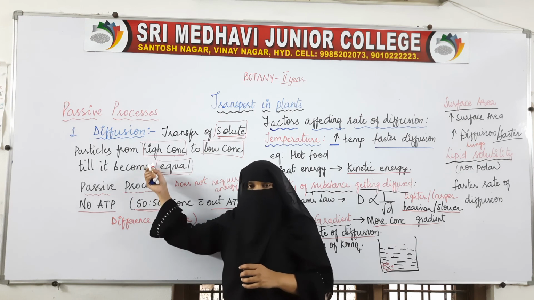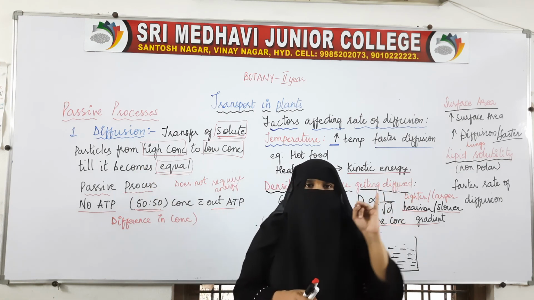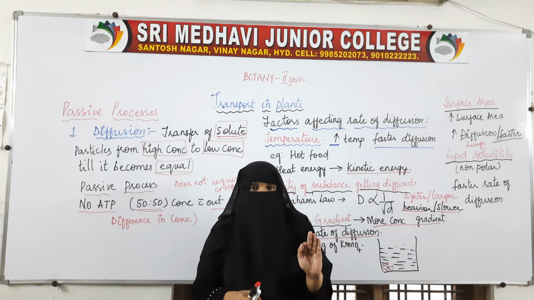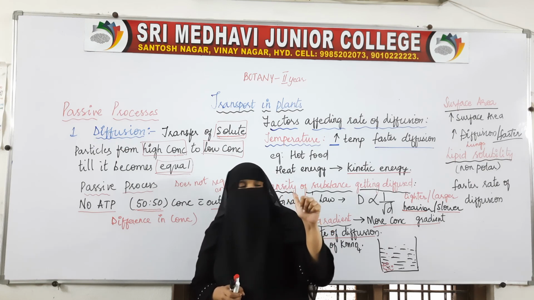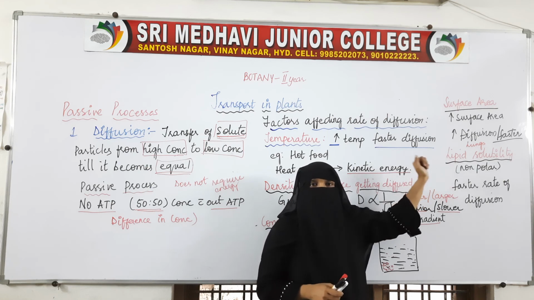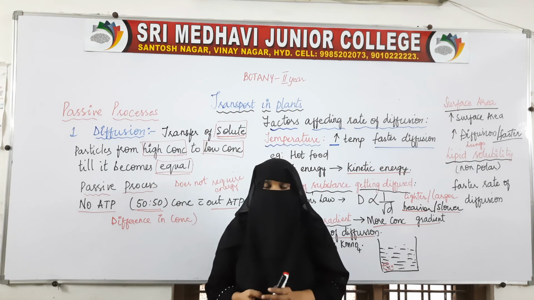This diffusion depends on temperature, density of the substance, concentration gradient, surface area, and lastly lipid solubility. These are the 5 factors on which the rate of diffusion depends.